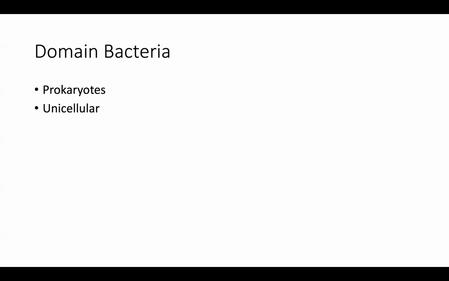All right. But again, we're saying that these organisms are unicellular, which means that they contain only a single cell. And that one single cell has all of the ability to carry out all of the properties of life, right?